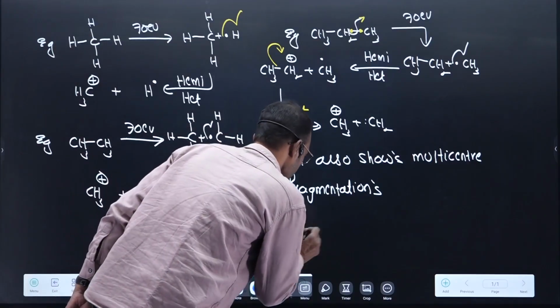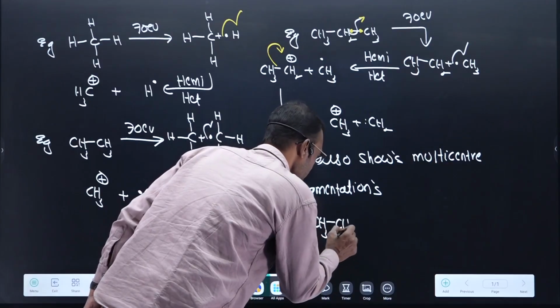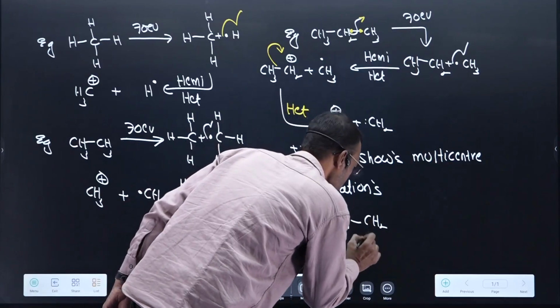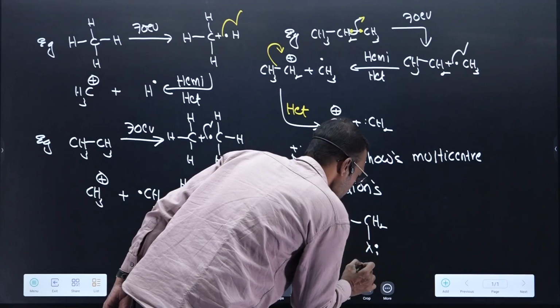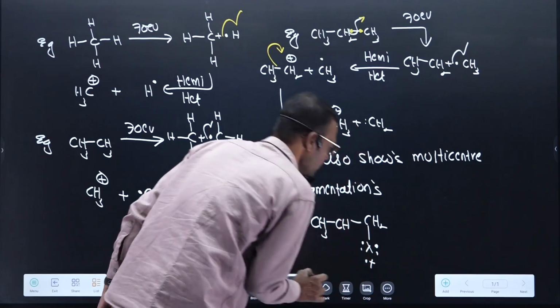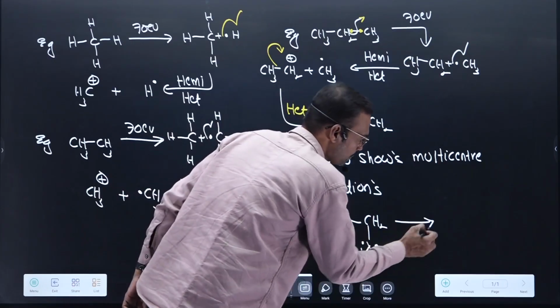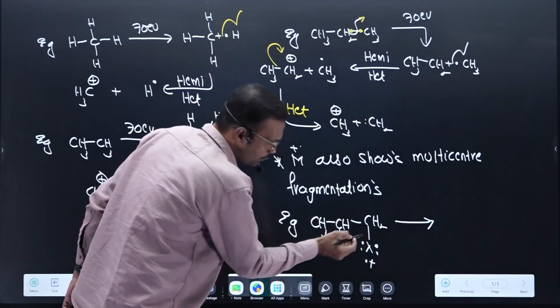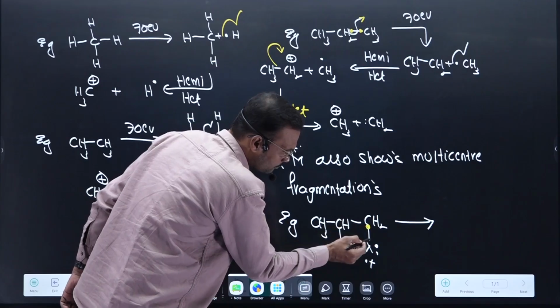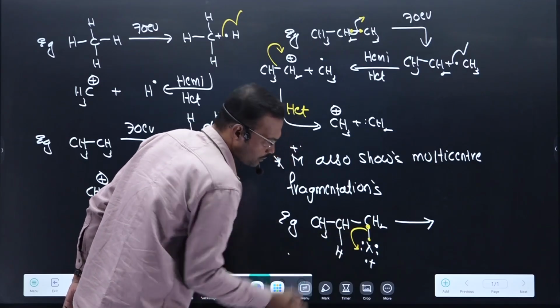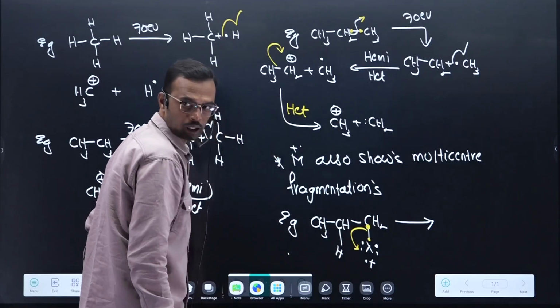Just listen. See, this is CH3, CH, and here I am writing CH2X. What does X indicate? Halogen or not. So on this carbon I am writing hydrogen. Remember, if I remove this bond like this, what is this fission? Heterolysis.